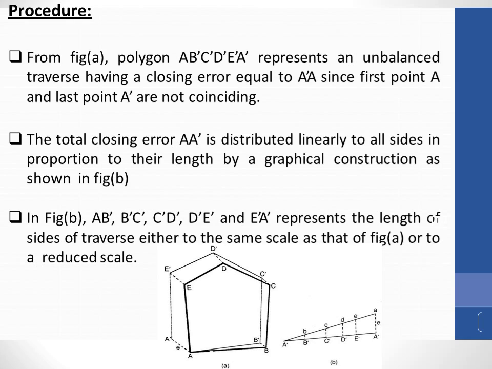Imagine the a b dash length is 5 meter; you can reduce it to 5 centimeter and draw a b dash as 5 centimeter over here. Similarly, each side length is represented over this baseline of our triangle. So these points are already plotted.